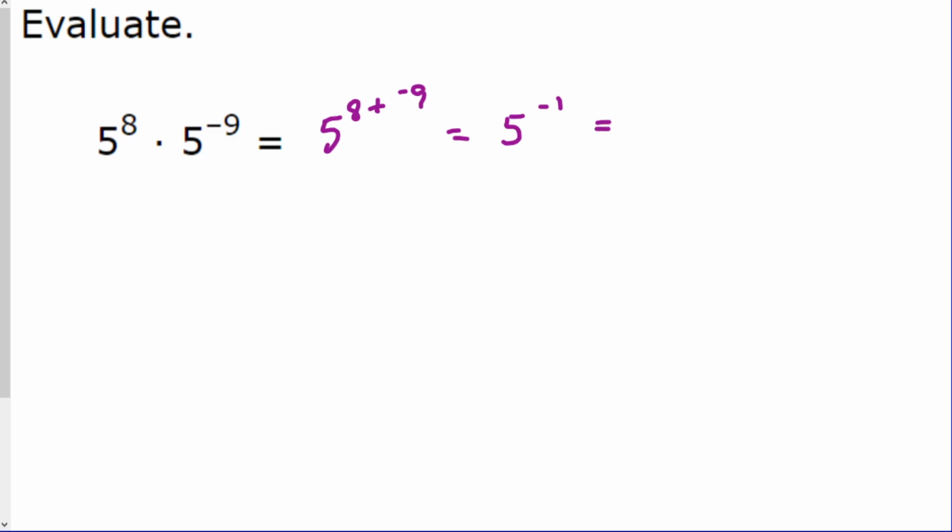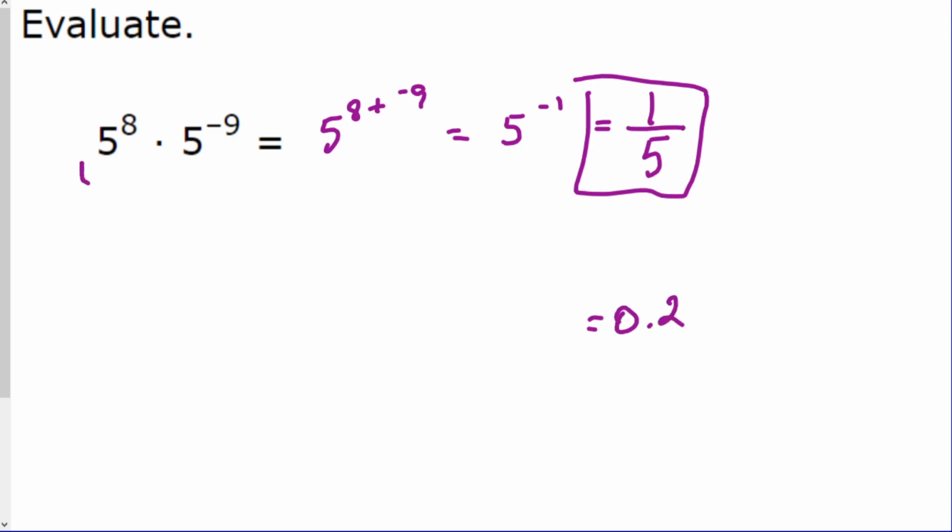And then we have a negative exponent, so we're going to invert it, and we end up with 1/5, or 1 over 5 to the first power. All right, if you want to check this in a calculator, just to feel comfortable, you would type in 1/5 to get your decimal, which is 0.2.